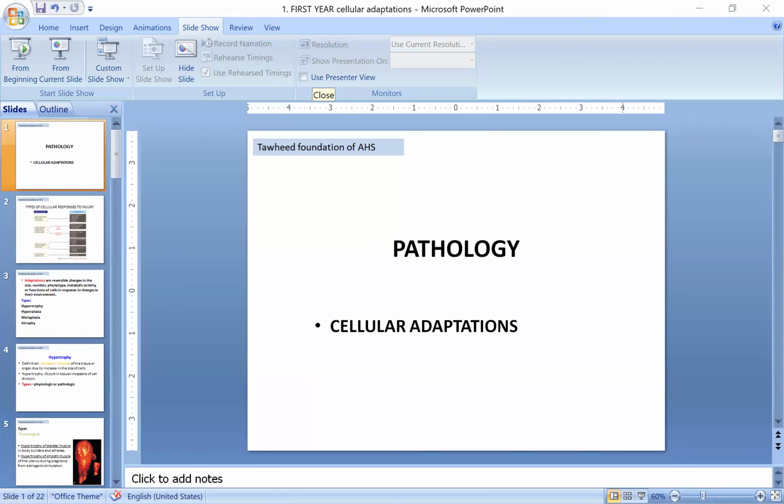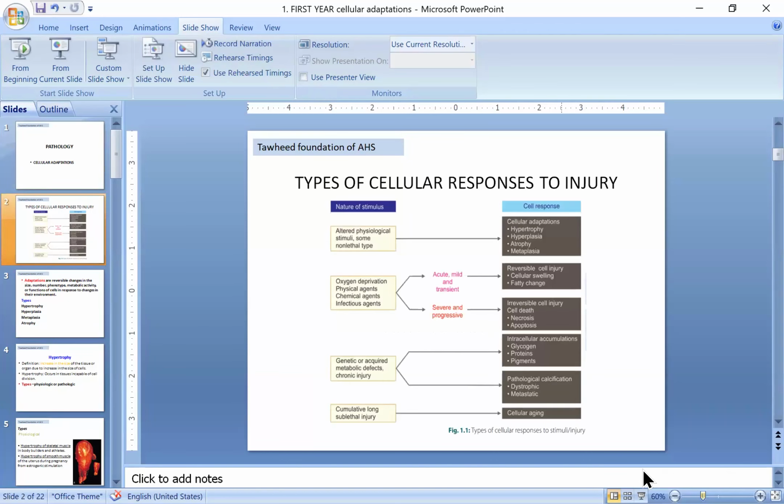Is this fine, sir? No, madam. 60% it's showing. No, before that, that option you have to click on. What I am seeing is only the slide, not the slideshow.